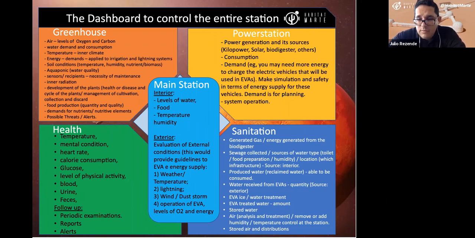The entire crew could die. Because of this, the sanitation center is considered the heart of the station, because it supplies the oxygen and also the water to be consumed in the entire station.